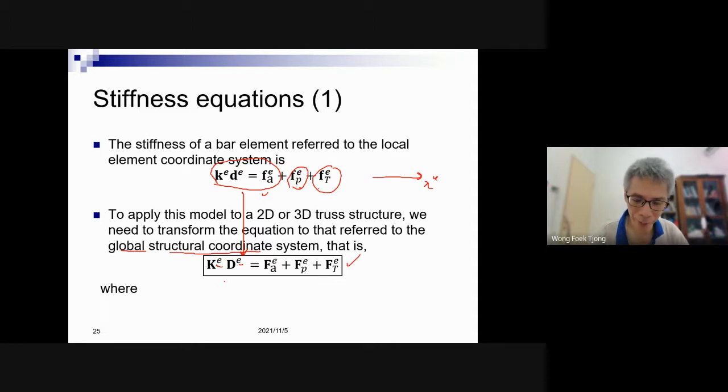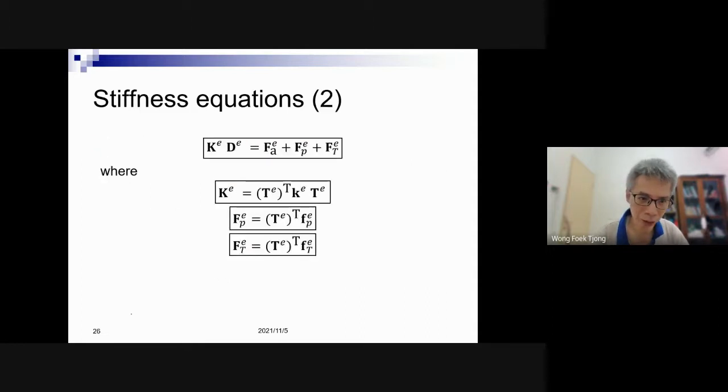As you can remember, this is the formula to transform from local to global. So the transformation transpose T for the stiffness matrix like this, for the force like this, for the force like this, including this one, of course. But this we don't need to compute, right? What we need to compute is this one.